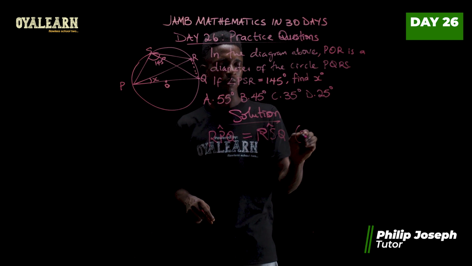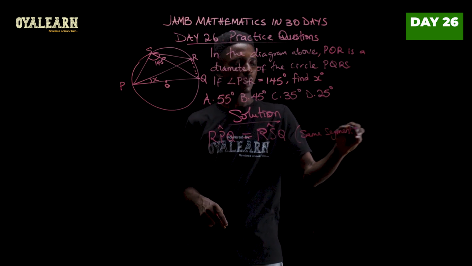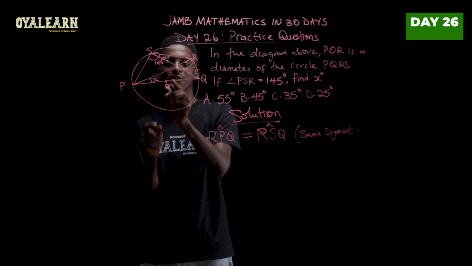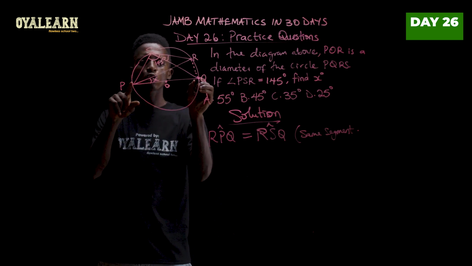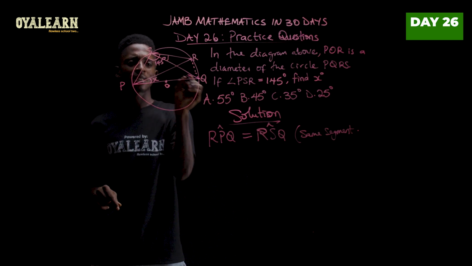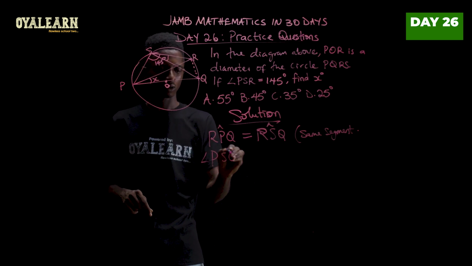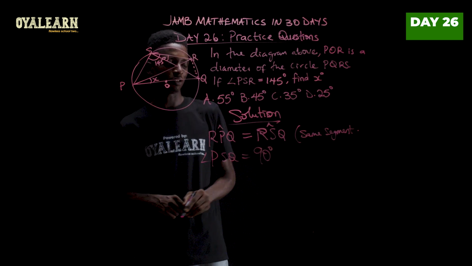And this is because they are in the same segment. If that's the case, then let's find this angle here, and then we should have X as well. So to find this angle, we also consider PSQ. Now PSQ is supposed to be 90 degrees.